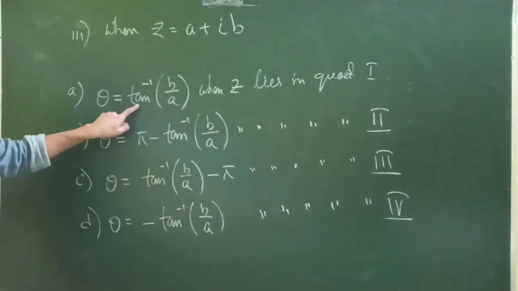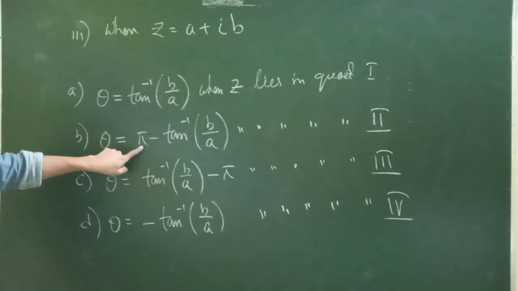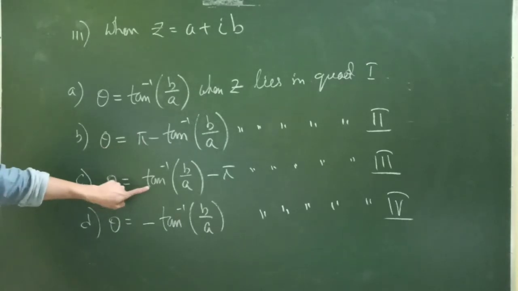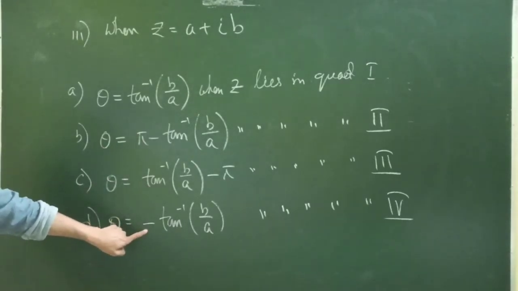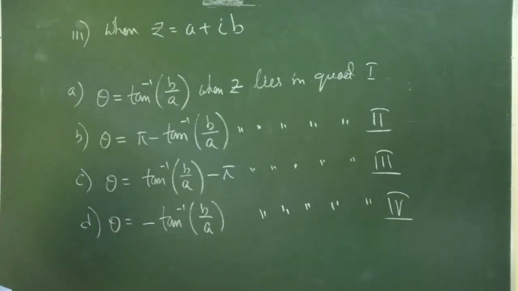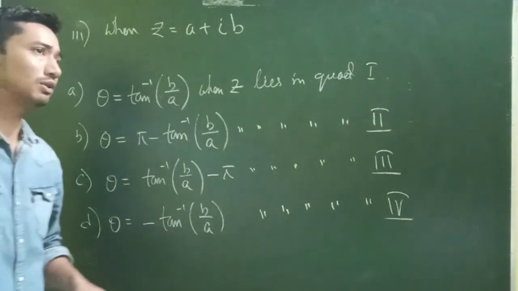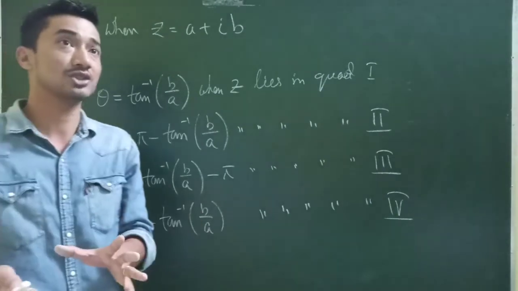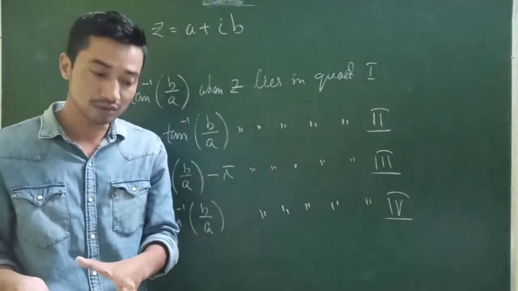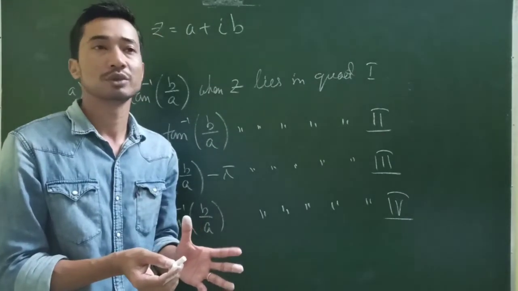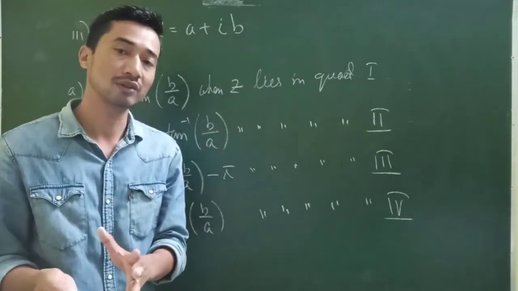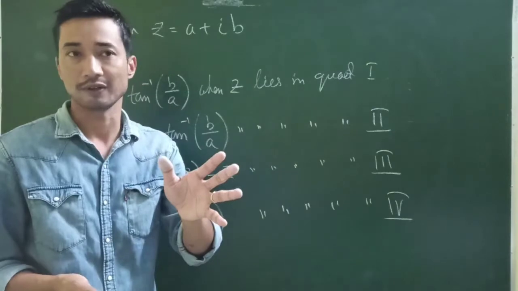Once again: tan inverse of b by a, pi minus tan inverse of b by a, tan inverse of b by a minus pi, or minus tan inverse of b by a. That's how we can calculate it. These are shortcuts, or working rules, for finding the argument, because the value of r can be easily found: root over a square plus b square.